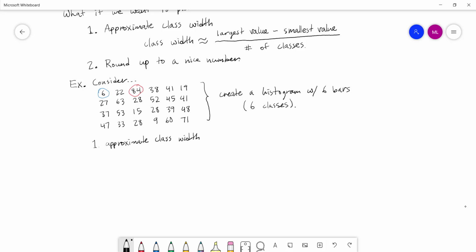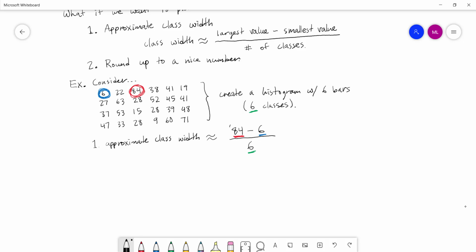So my approximate class width is going to be the largest value, 84, minus the smallest value, 6, and then I'm dividing by the number of classes that we desired, which was also the 6 that we picked here. So this 6 is this 6. This 6 is the same as the one over here on our list, the smallest value, and this 84 is, again, the largest value on the list. So that's where each of those numbers came from.